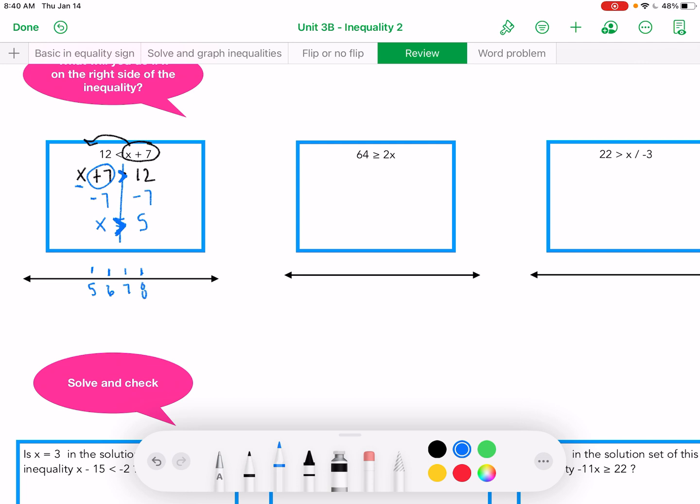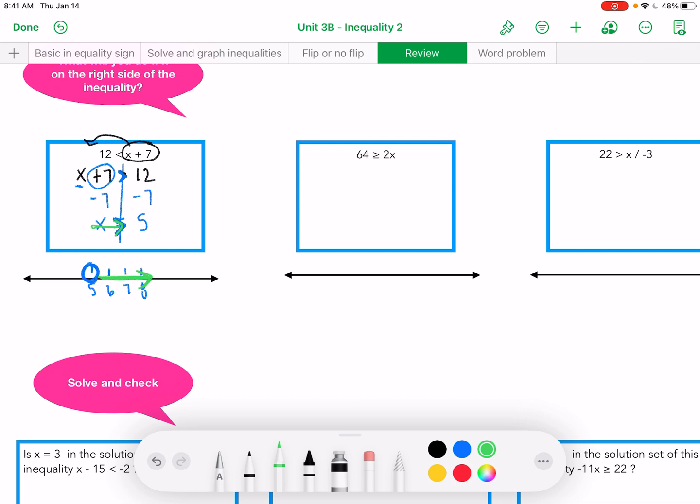But it is not equal to, so I'm going to do an open circle. Let's look at which way the inequality is pointing. It's pointing to the right. If I make an arrow out of that, that means my arrow is going to the right. So to make this statement true, x would have to be 6, 7, or 8.